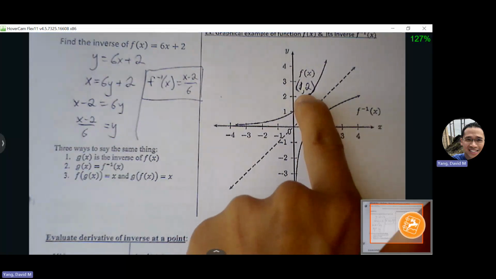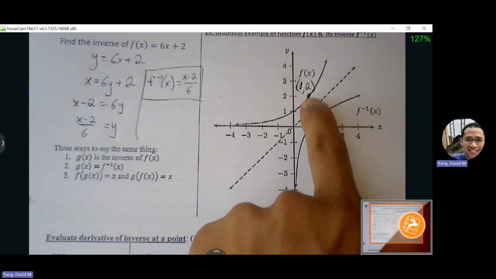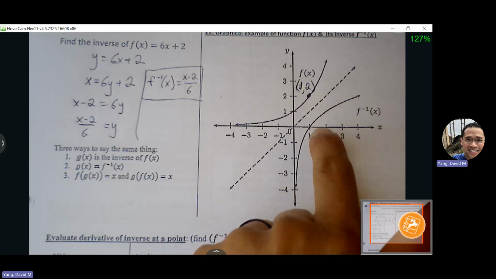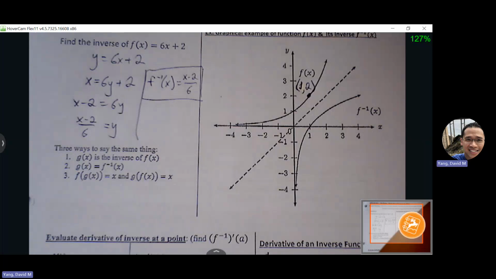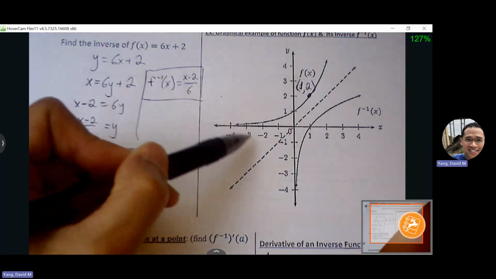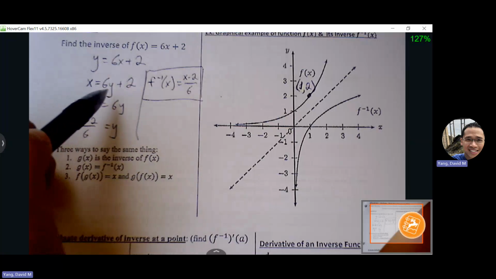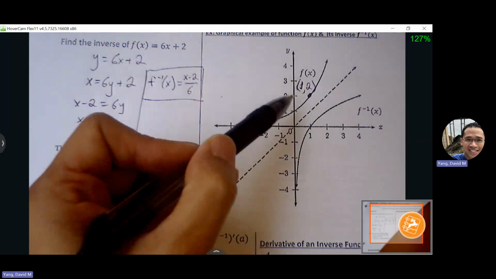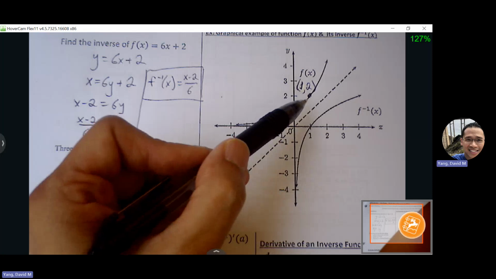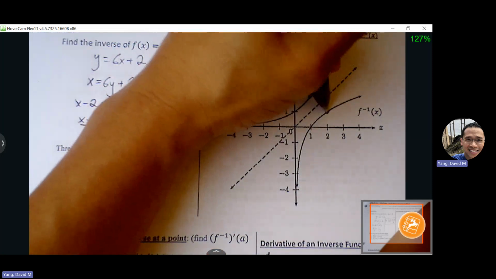Now, if the inverse is truly the inverse function, that means there must be an ordered pair that lives on the inverse function: 2, 1. So all your ordered pairs are flip-flops, right? This is not the equations of this graph, but it's the same process. If we're swapping every x and y with each other, then it makes sense that every ordered pair is going to have a flipped order as well.